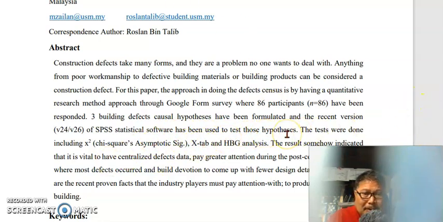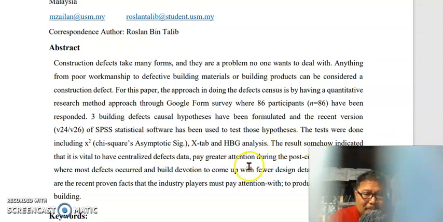The key is that you are using the chi-square asymptotic significance formulations, the cross tabulation and histograms, graphics to be analyzed from the statistics software.